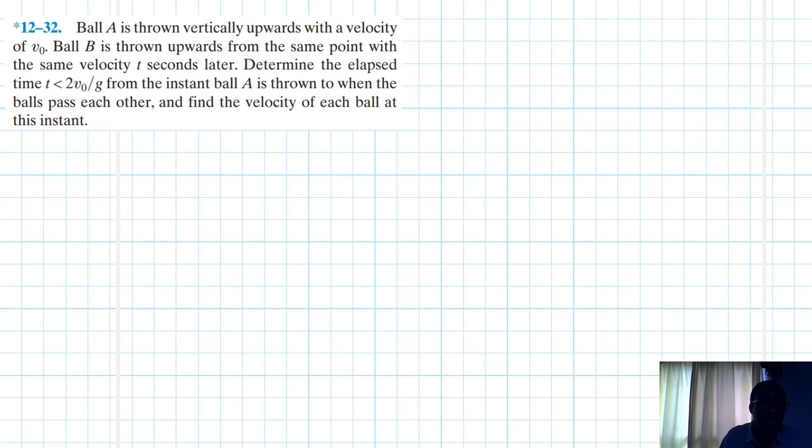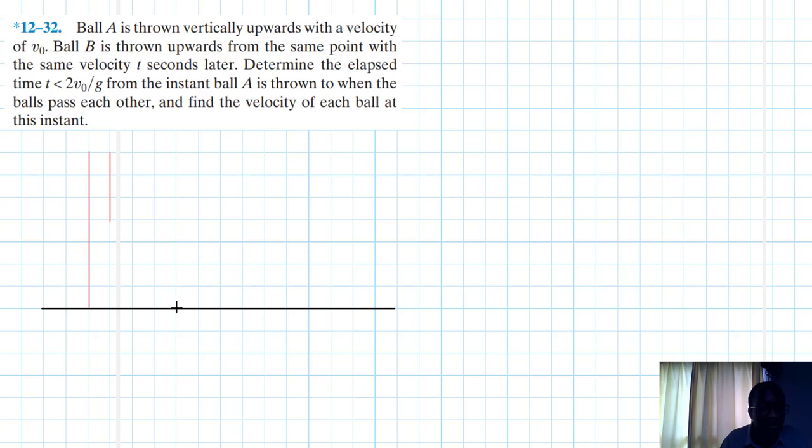Let's draw what is happening, so that we can relate. So let's say this is our datum. Let's say I have ball A in red, something like so. It goes up, let's say to somewhere there, then it comes down.